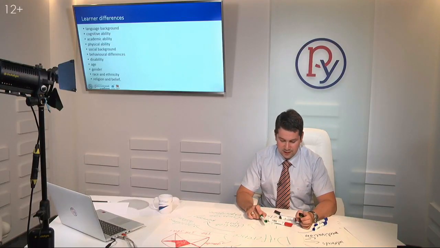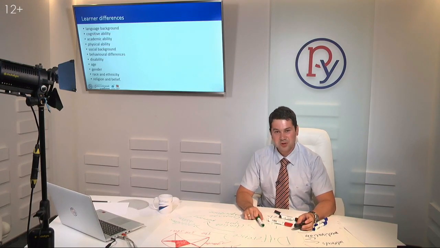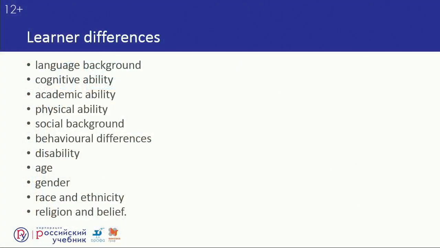Social background. There are things that we do not usually discuss publicly in this country and in many other countries, but the students we have sometimes come from different social environments. And the social environment and the social background is usually very well linked with interest and motivation.